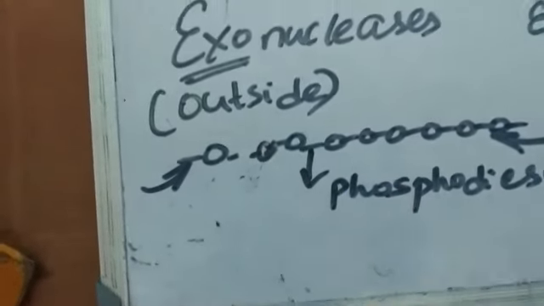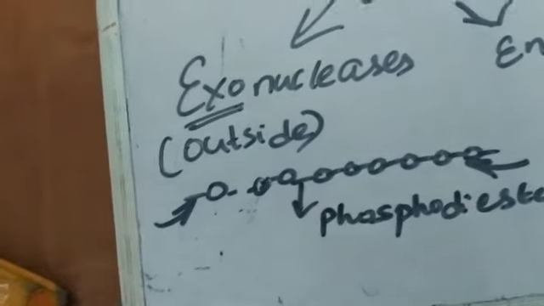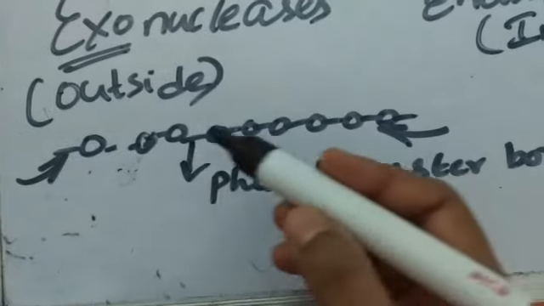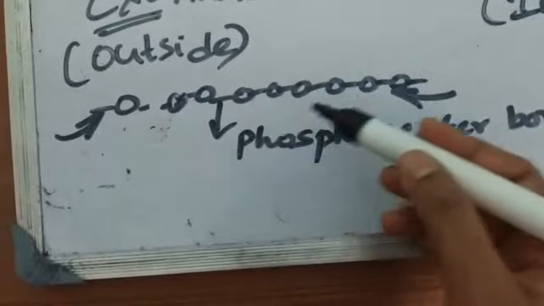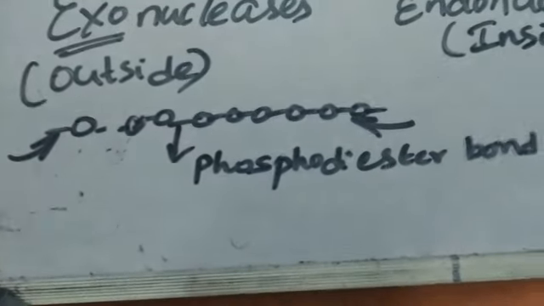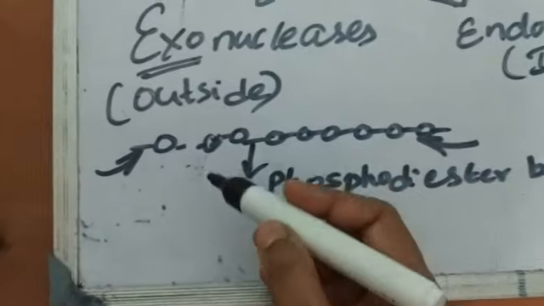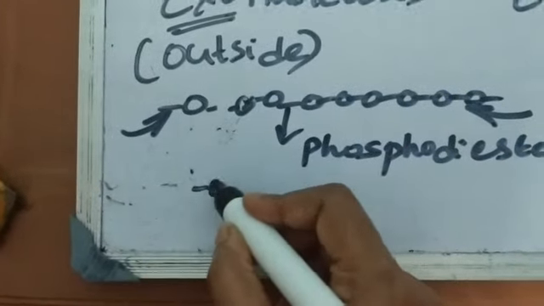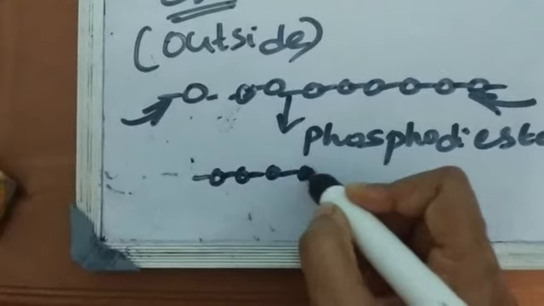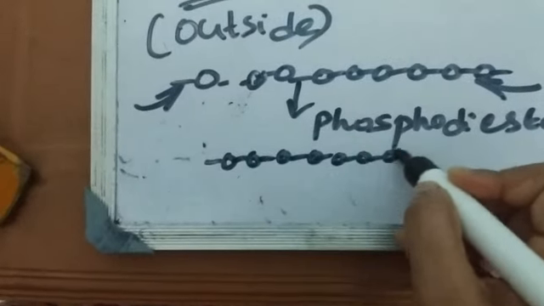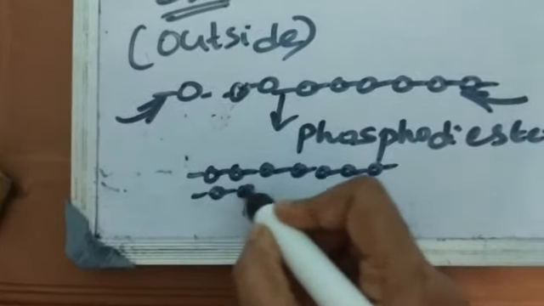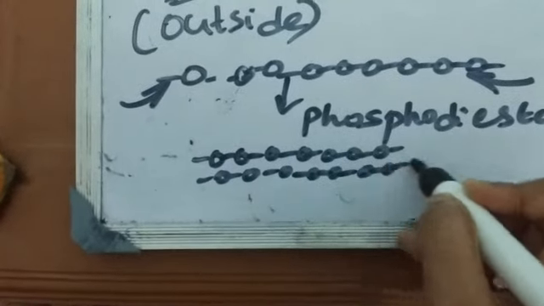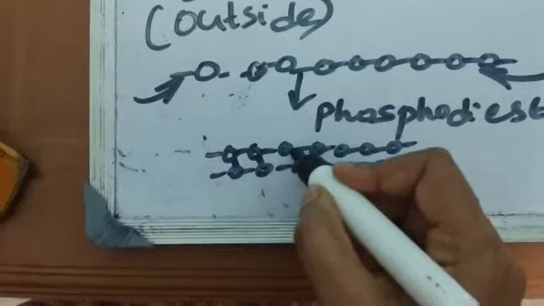Once the phosphodiester bond is broken, the DNA molecule shortens in length. If one nucleotide is removed, it is shortened by one nucleotide, or if a couple more nucleotides are removed, it gets shortened by that many more nucleotides. Exonucleases can attack single-stranded DNA, or the DNA can even be double-stranded. You have both types of DNA, and exonucleases can attack both.